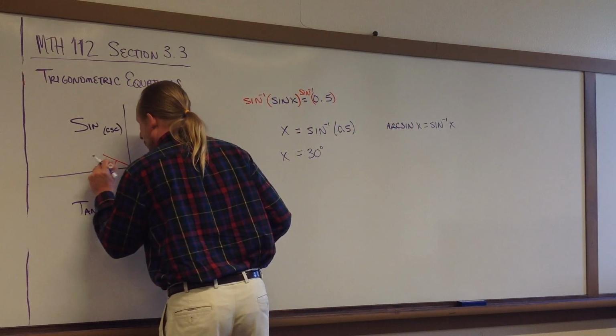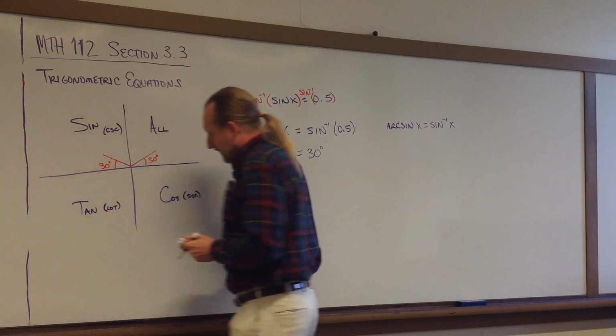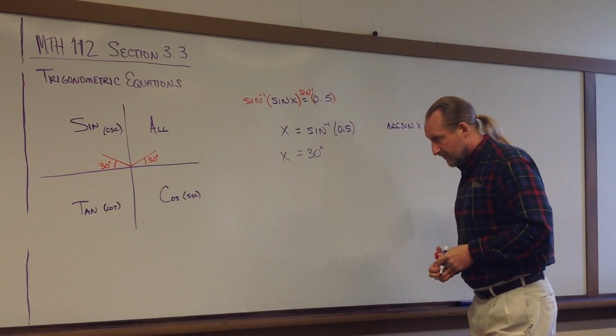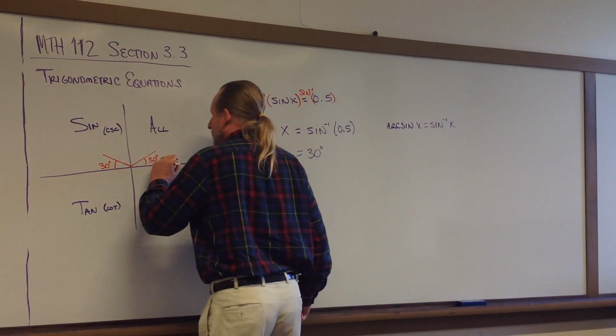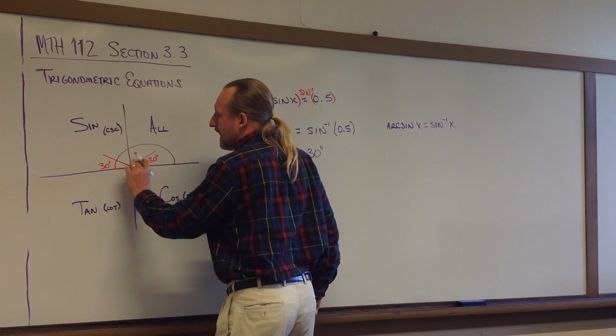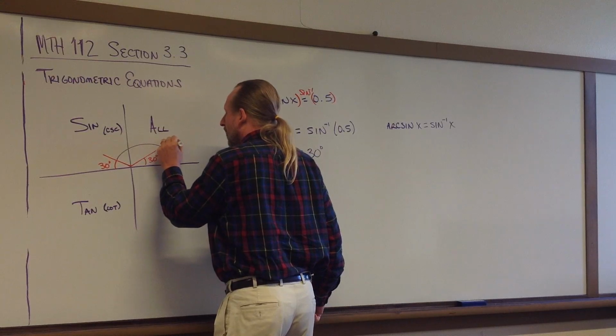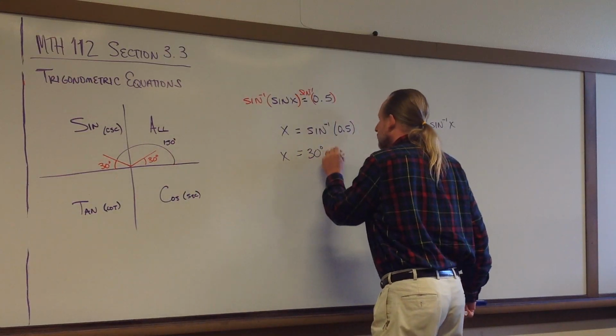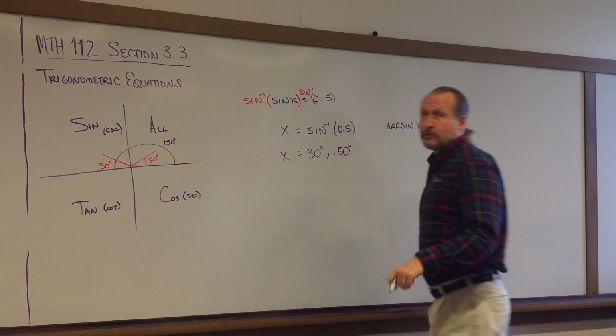So if we put a reference angle of 30 degrees into the second quadrant, then the angle that corresponds to that is going to be 180 minus that 30, which is 150 degrees. So that's also a solution.